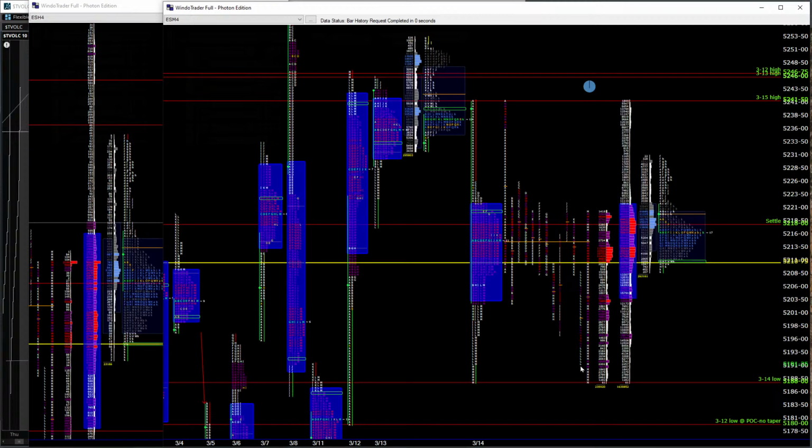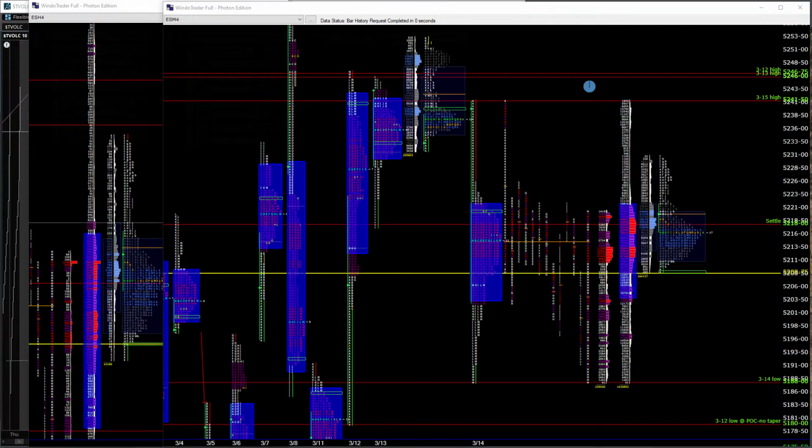When this one did not open, or when M got out of L, I said, maybe there's something to the downside, but I couldn't take my eyes off POC here. POC was just too wide. The market coming back to POC were highs that were not insignificant. They were relatively high.